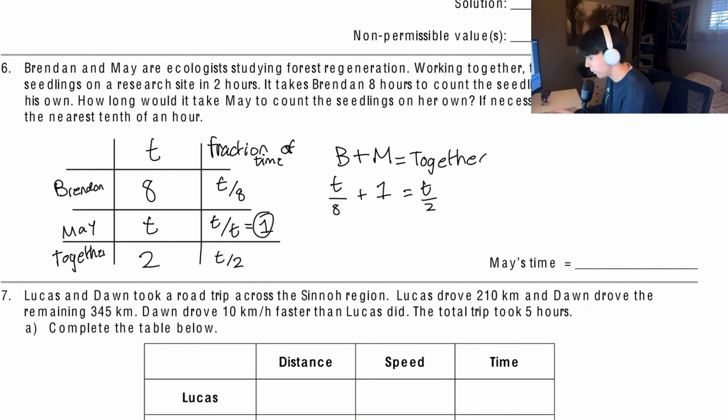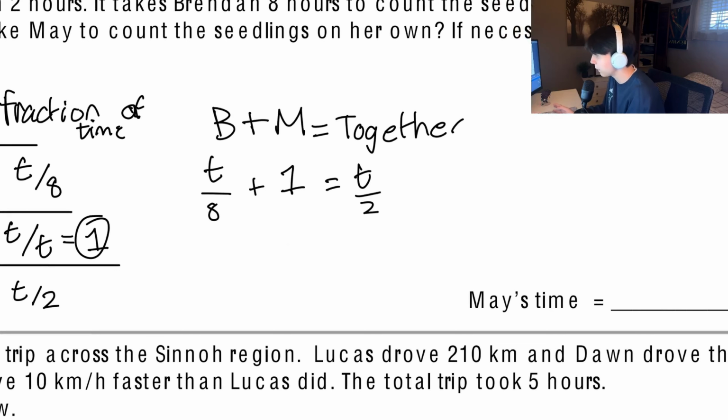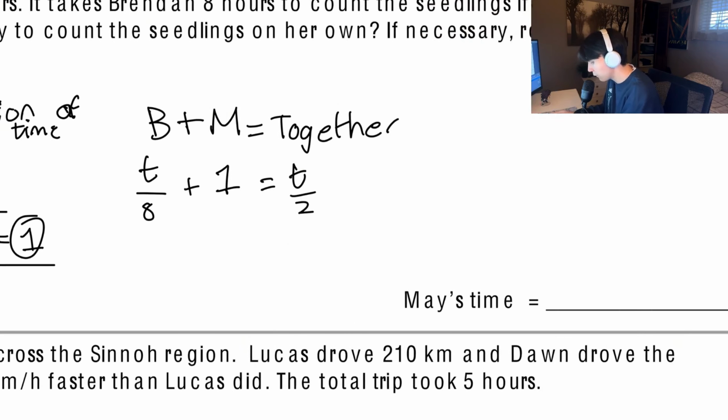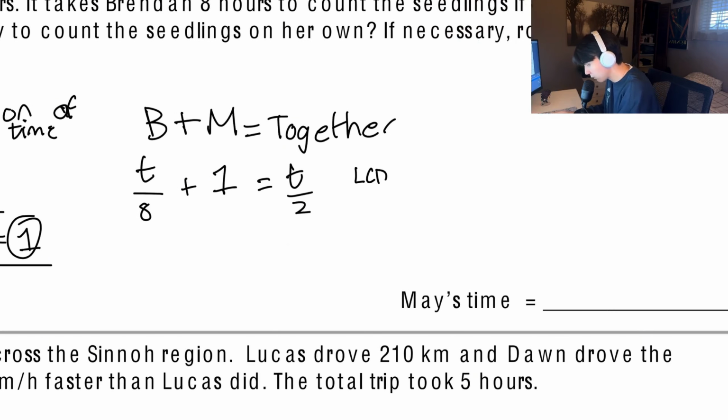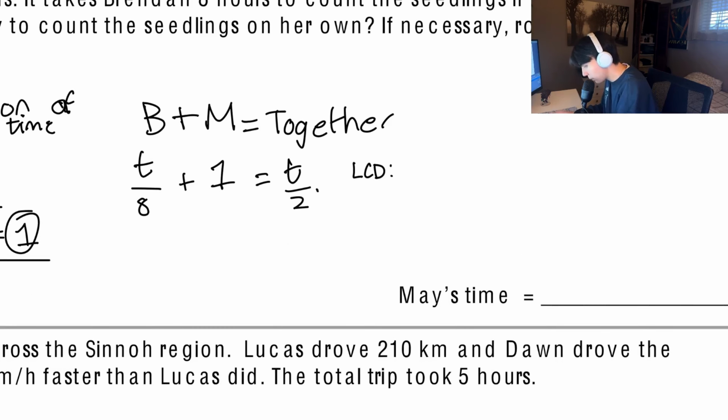Cool. And now all we have to do is solve this rational equation. So we have to find our LCD. In this case, our LCD is going to be 8. We don't have to change this, and we can multiply this by 4 and this by 8. So pretend this is a fraction of 1 over 1.